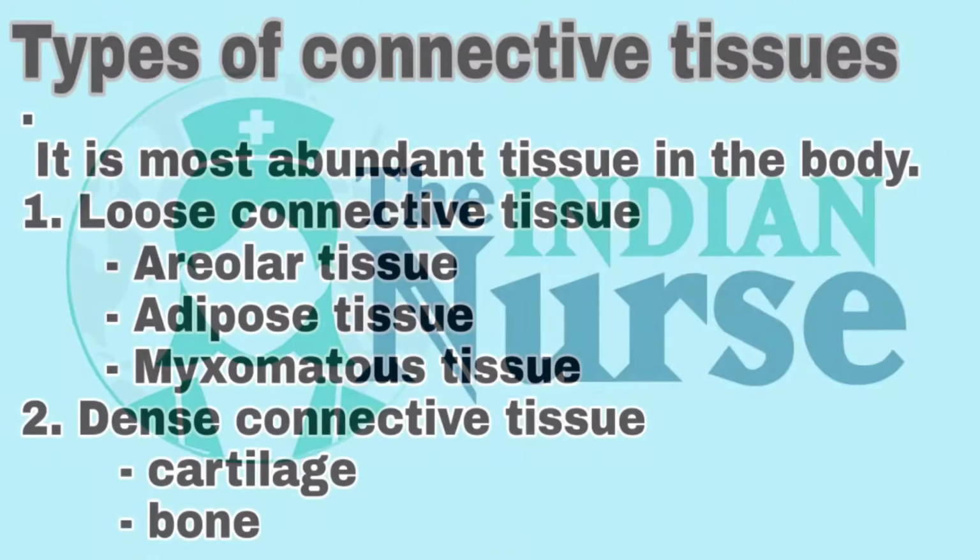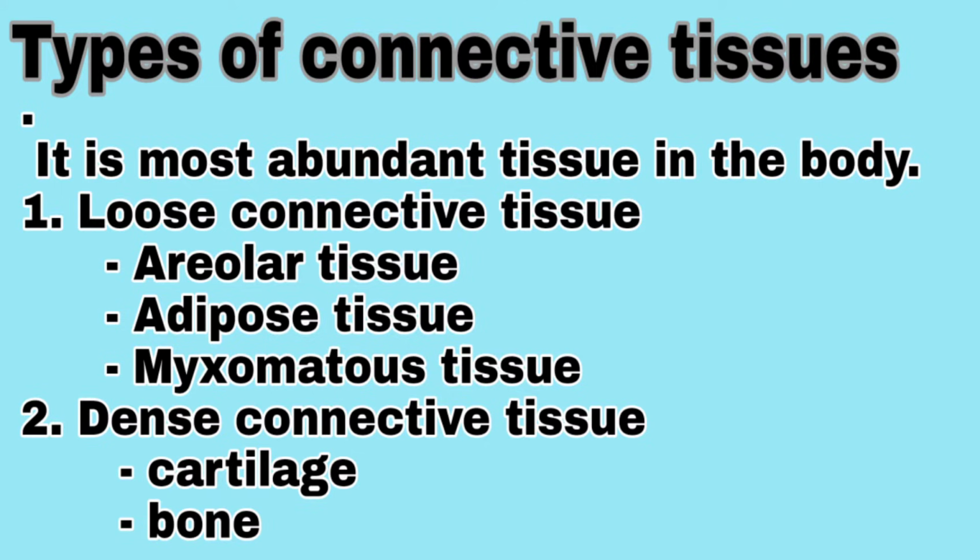Next question, types of connective tissues. It is the most abundant tissue in the body. Mainly there are 2 types of connective tissues. First one, loose connective tissue. Second one, dense connective tissue. We'll see the first one, loose connective tissue. It is again classified into 3 types.